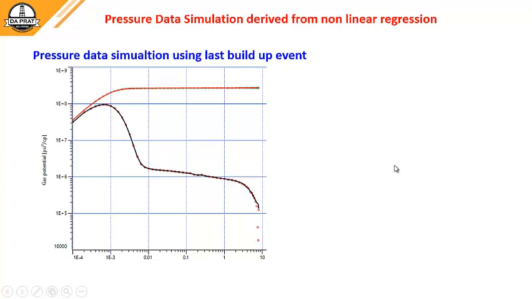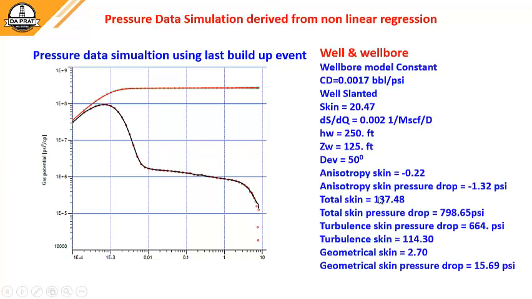Okay, so now what we do is simulate. We go to the classical simulation using nonlinear regression, and after several tries, we end up with a model that simulates, in this case we're showing just the last build-up simulation, quite well. The results you can see here from the well and wellbore.